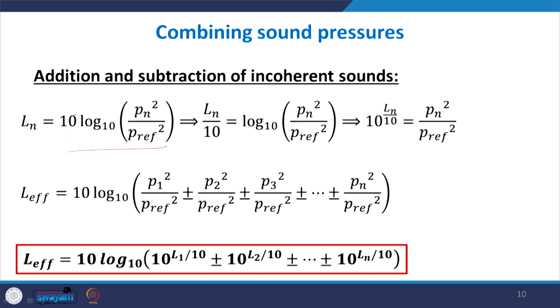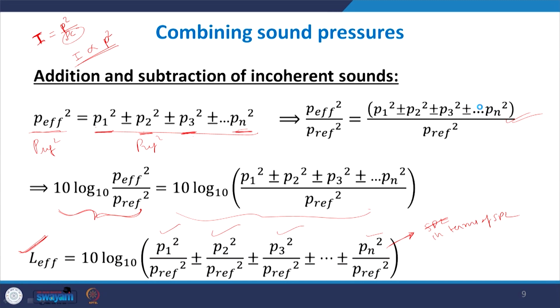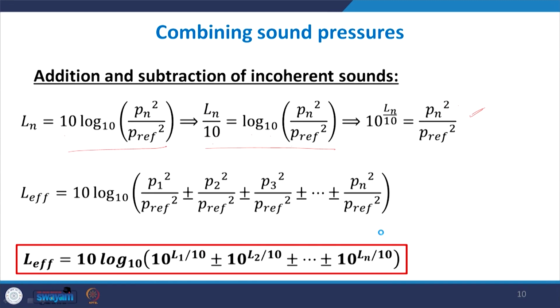If you solve this equation, Ln by 10 becomes log 10 of Pn square by P reference square, and then you take 10 to the power on both sides. So, the log cancels out, and what you get is 10 to the power Ln by 10 is equal to Pn square by P reference square. So, you are able to obtain the value of this expression in terms of the level of the sound.